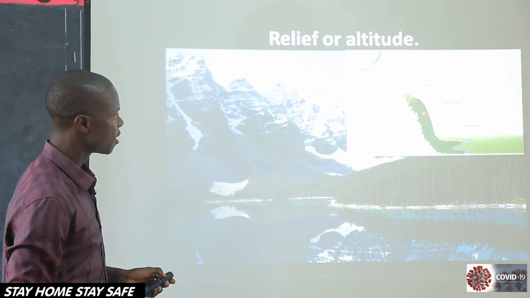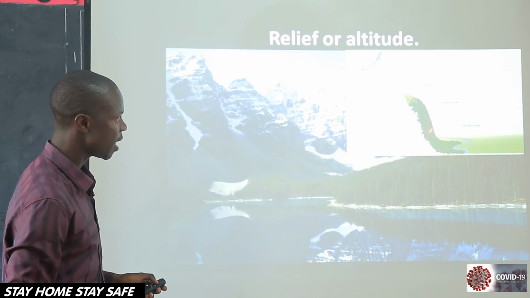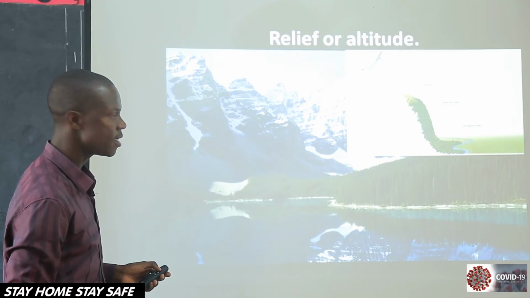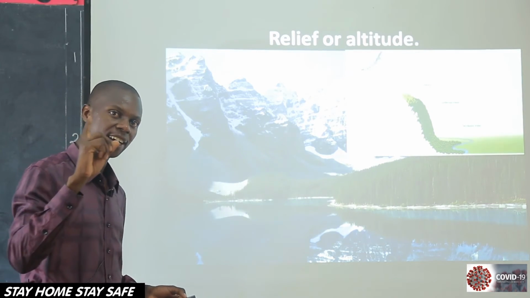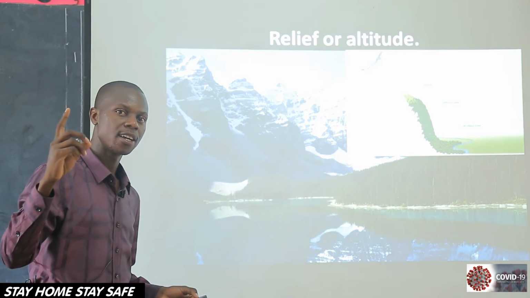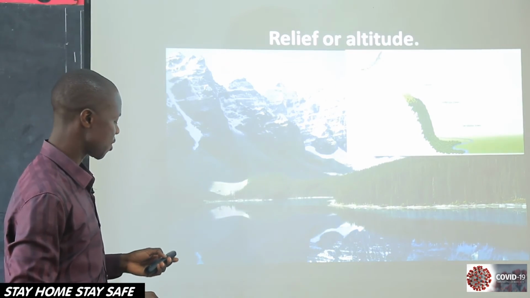I think you can see this is reflecting a mountainous area, and you can find at whatever altitude we get a different kind of vegetation, okay? So depending on the relief, that can determine the vegetation that grows in an area.